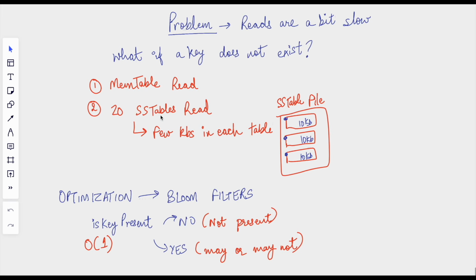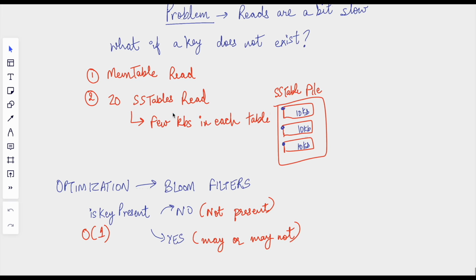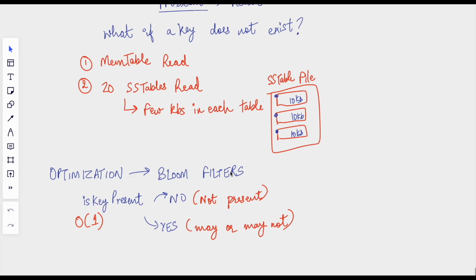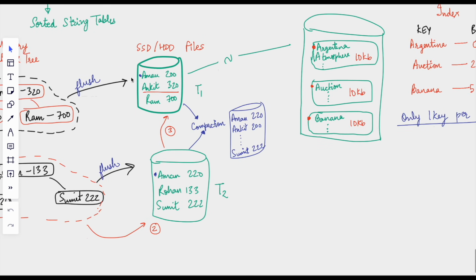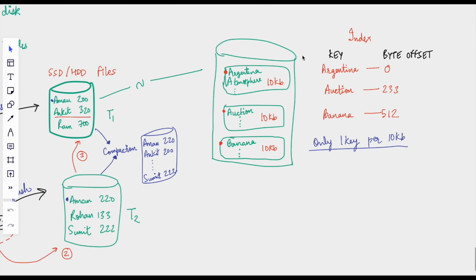But now for SS tables, for each SS table, I'm going to create the Bloom filter as well. So when I was flushing to hard disk and creating this SS table, and creating this in-memory sparse index, I will also create a Bloom filter which will be very space efficient, and it will tell me very easily whether this SS table contains some key, right?